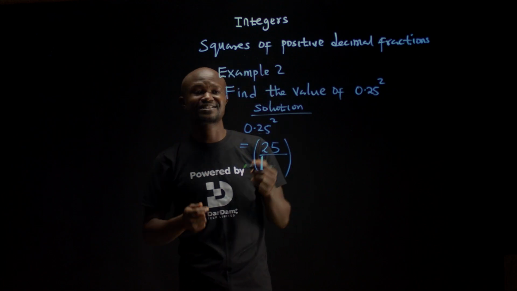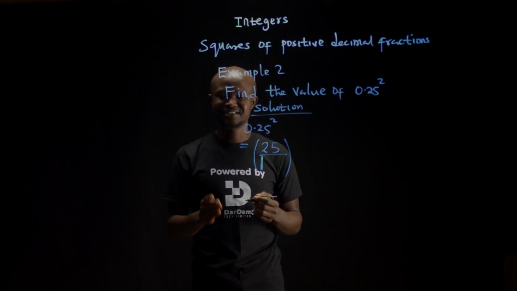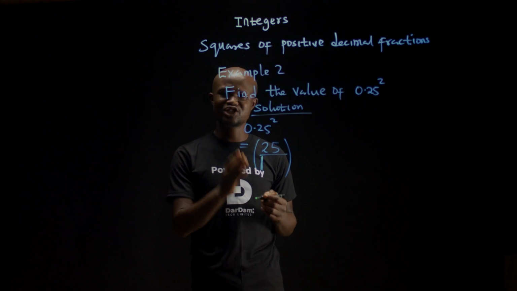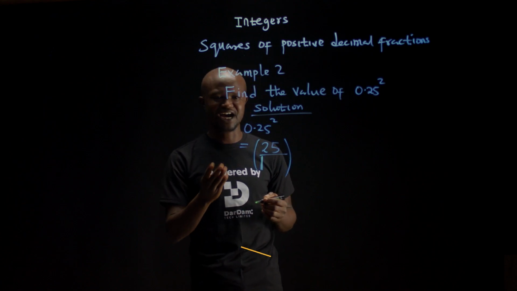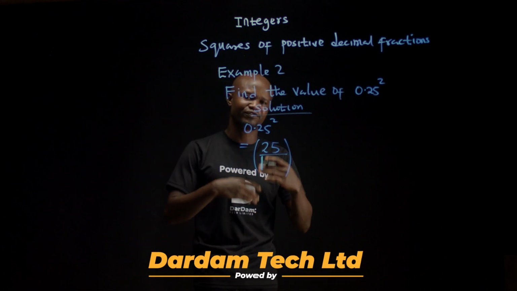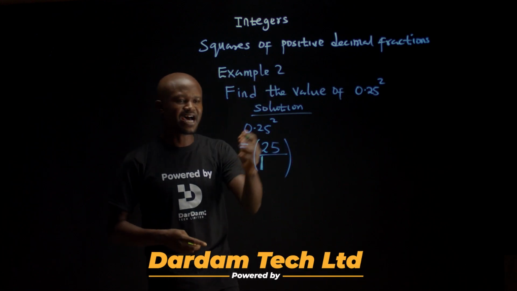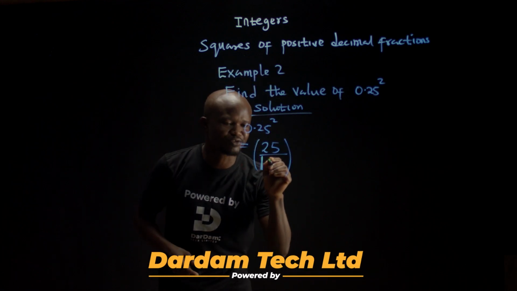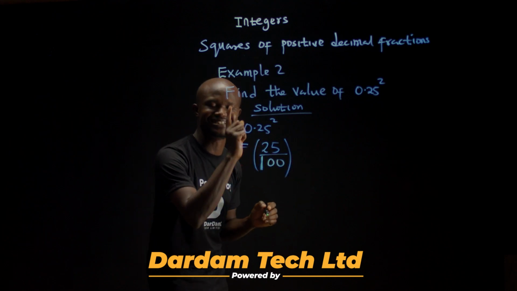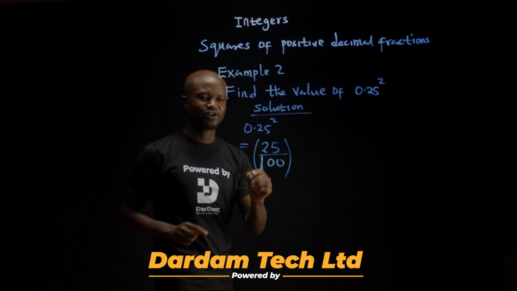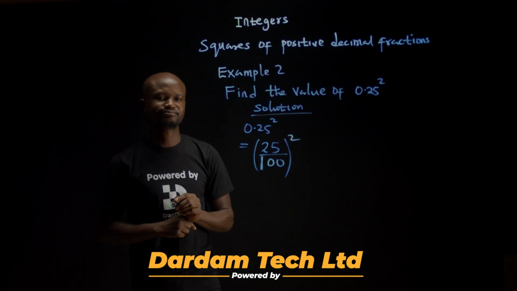You can also express it in standard form: 10 raised to 1, 10 raised to 2, 10 raised to 3, 10 raised to 4, 10 raised to 5, depending on the kind of numbers you are looking at. For this, we have 2 zeros because we have 2 numbers after the decimal point. So, we put the square here.